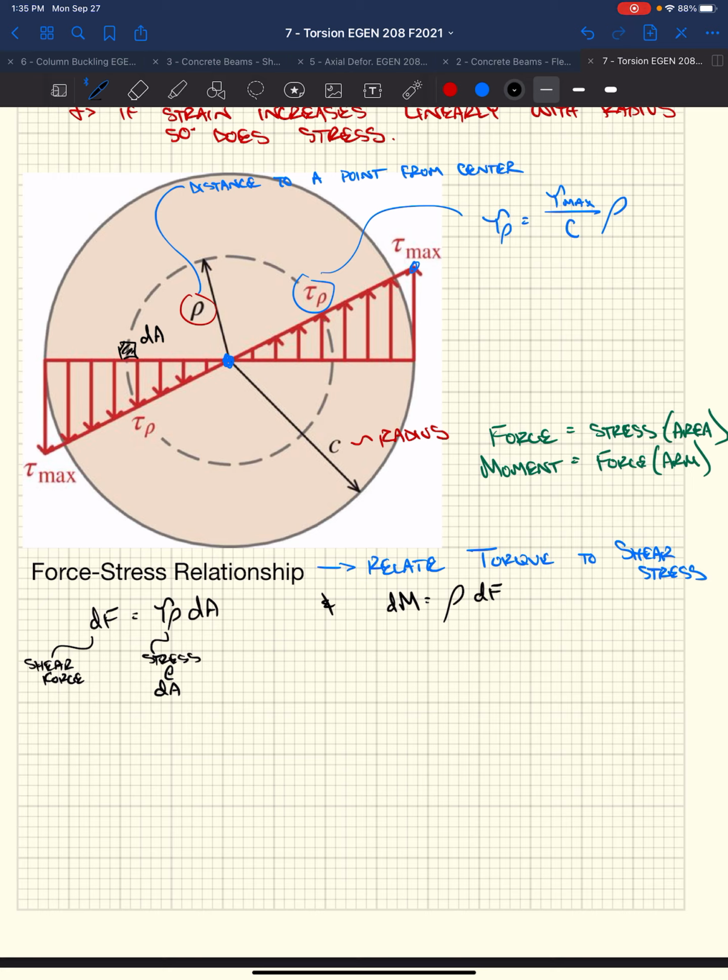So we multiply that area times the stress, we get a little force, a little F arrow. Call this dF. We've got some small little dF that's acting right there. And that dF is acting at a moment arm. Well, if we're looking at the distance rho from the center, it's going to be rho dF, right? This was our arm. This is our force. And this is our moment.